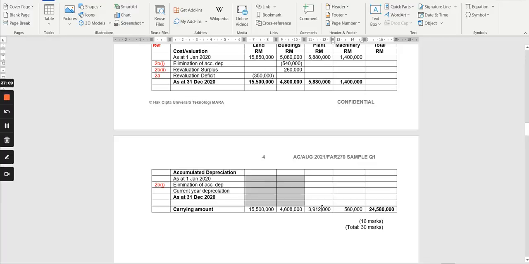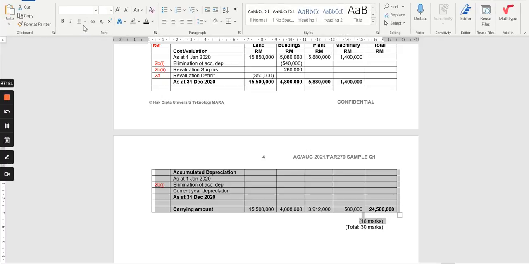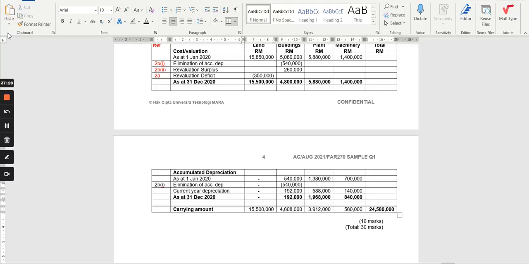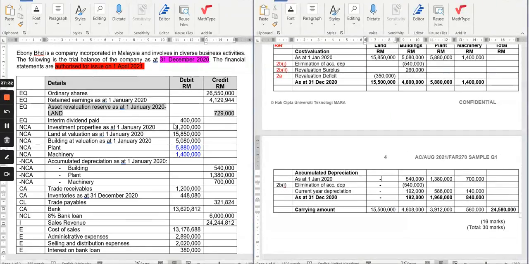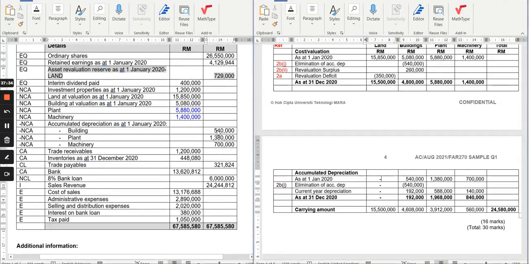Let's look at our accumulated depreciation. These are the details. For the land, no depreciation. And then the rest are the items that we have come across here: 540, 1380, 700.